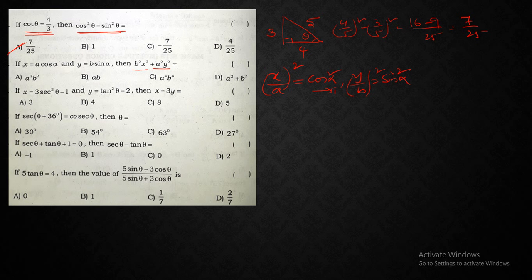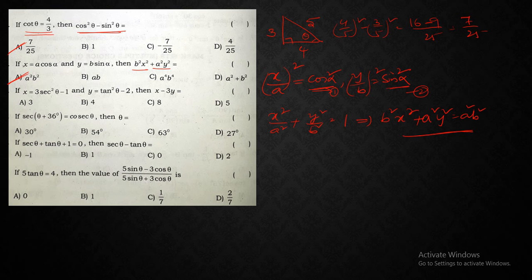This is equation number 1, this is equation number 2. When you add these two, x square by a square plus y square by b square is equal to cos square alpha plus sin square alpha, which is nothing but 1. When I take LCM, b square x square plus a square y square is equal to a square b square. So clearly the answer is a square b square.